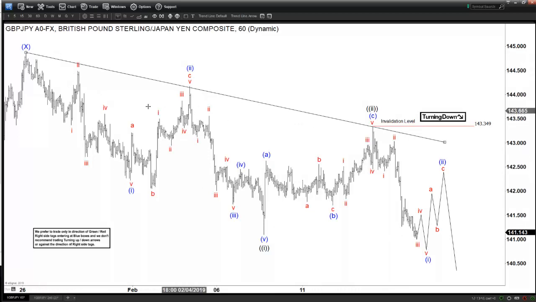All right, so this is what we are labeling right now. We are labeling this decline here as an impulse. We got this 1, 2, 3, 4, 5 diagonal.